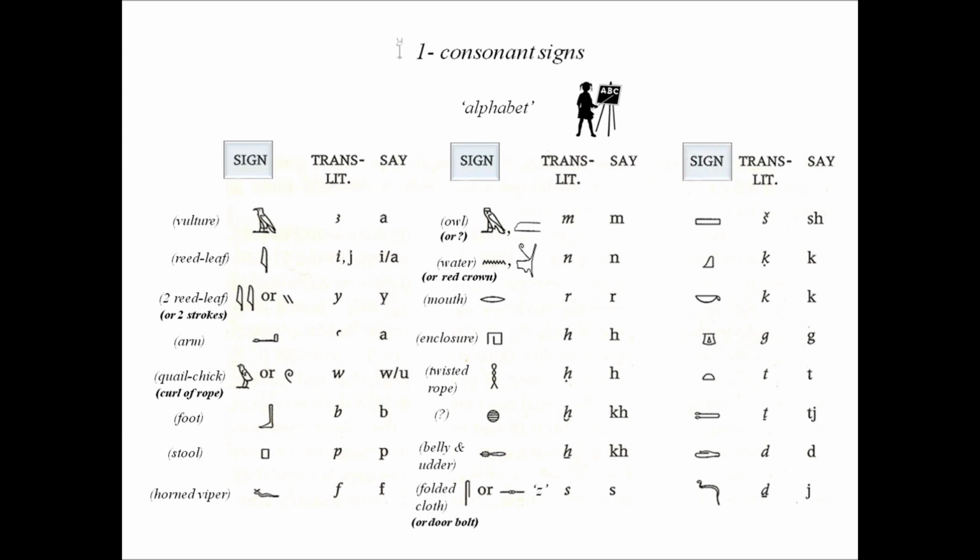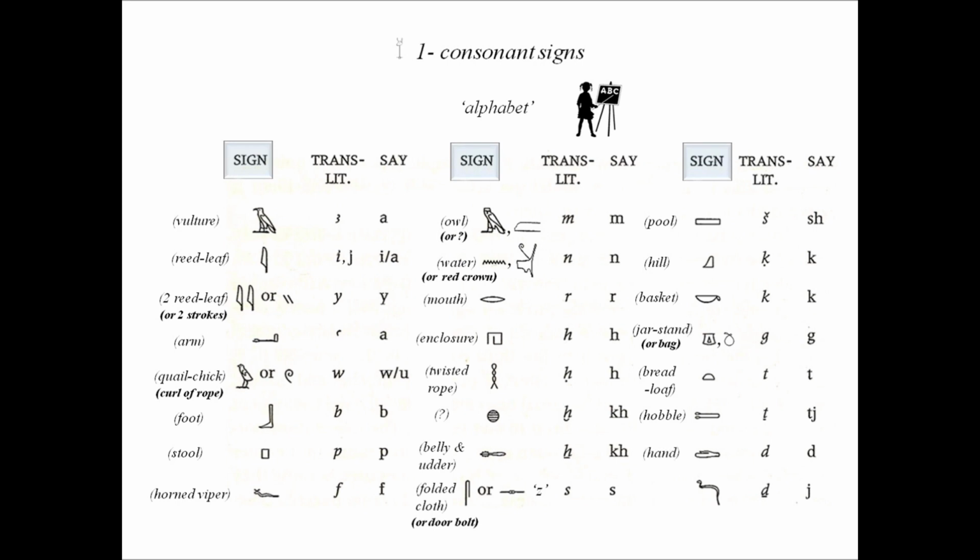The third column. This is a pool, like a swimming pool. It is pronounced as a sh. This is a hill, which is pronounced as the letter K. This is a basket, which is also pronounced as the letter K. A jar stand, or a bag, which can be described as the letter G. A bread loaf, for the letter T. A hobble, for the letters TCH, like in train, or chew.